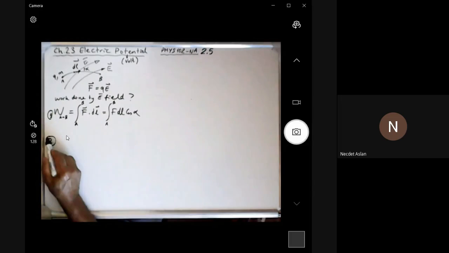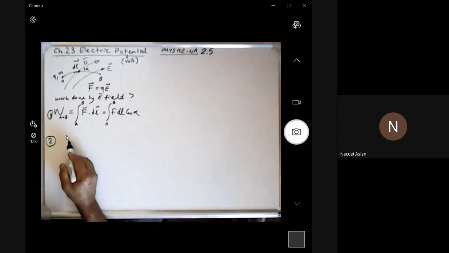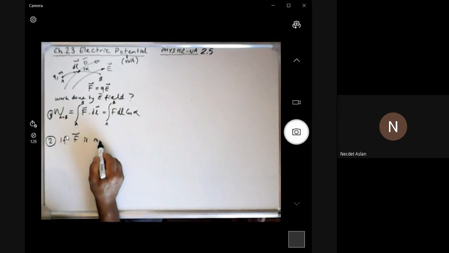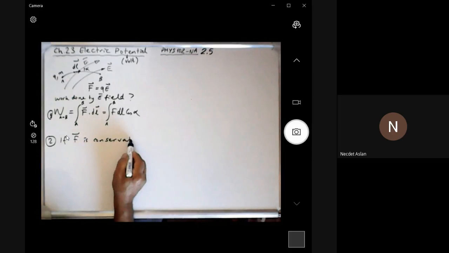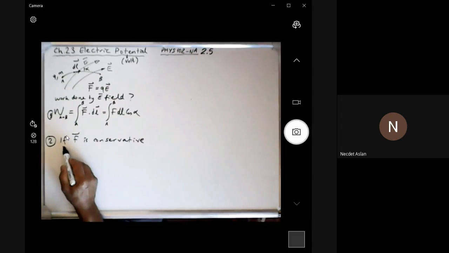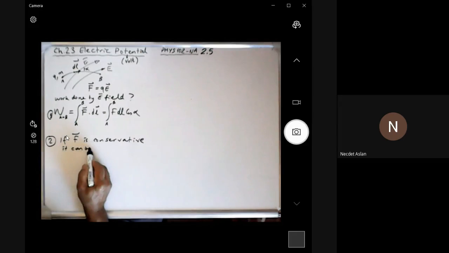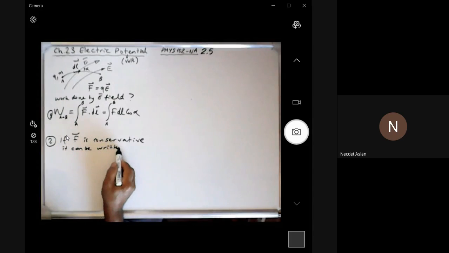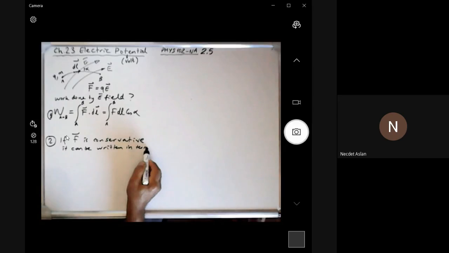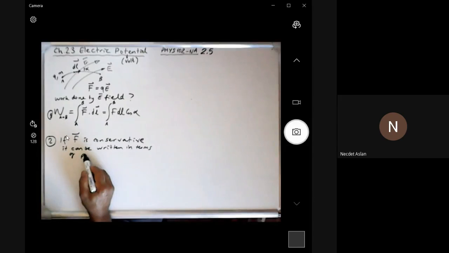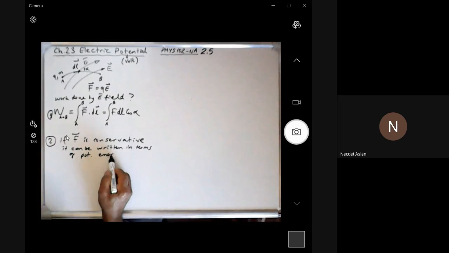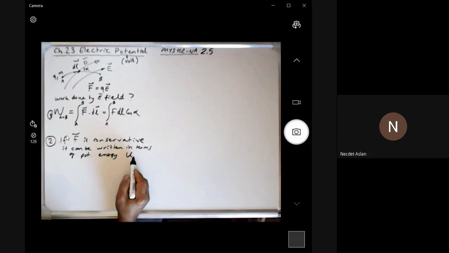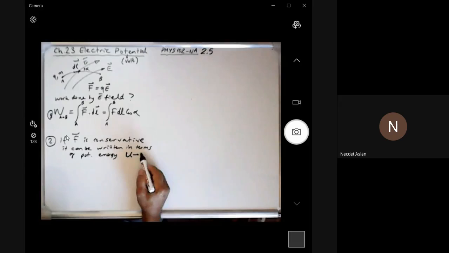Number two, which is very important, is that if F is conservative, the force is conservative, then it can be written in terms of potential energy U. So if U is the potential energy, what are its units?